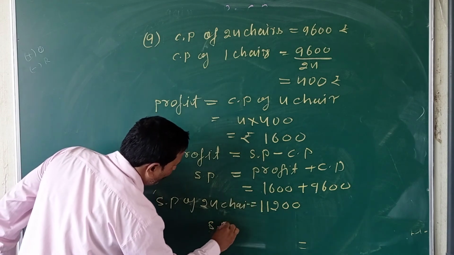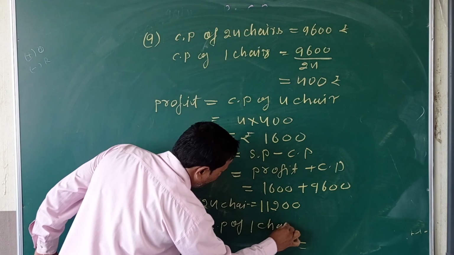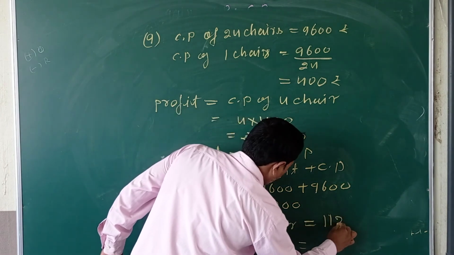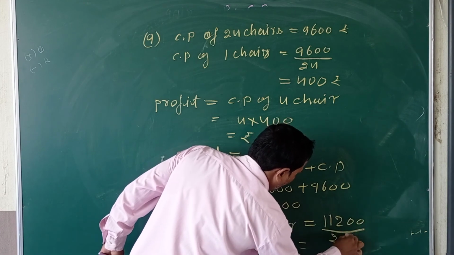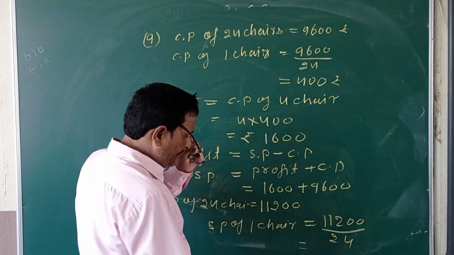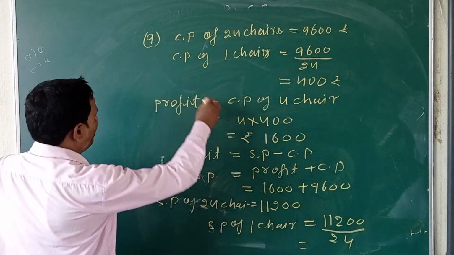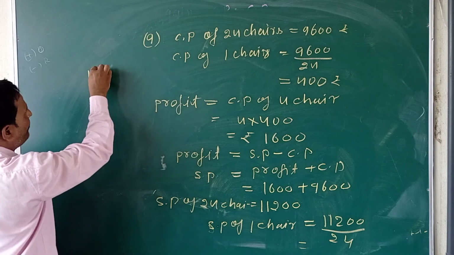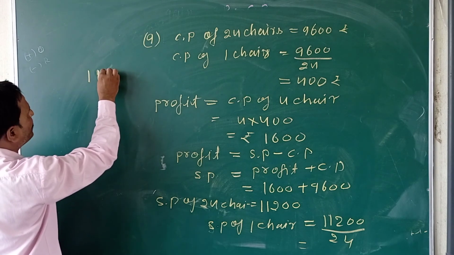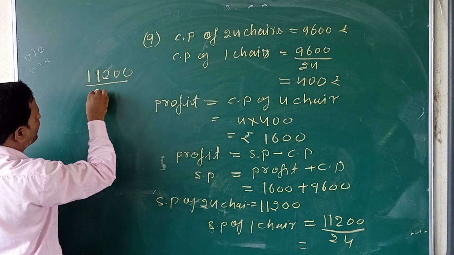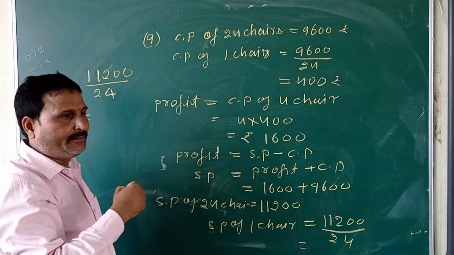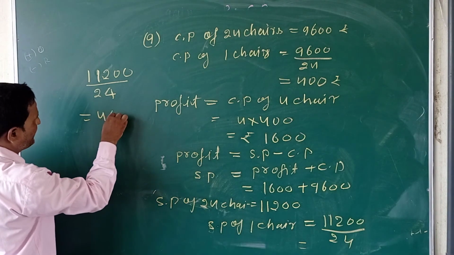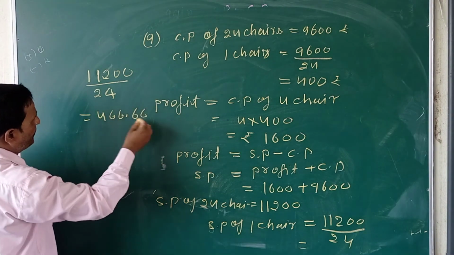Therefore, SP of 1 chair is equal to this divided by 24. 11,200 divided by 24. If you divide by 24, the answer will come to 466.66 rupees.